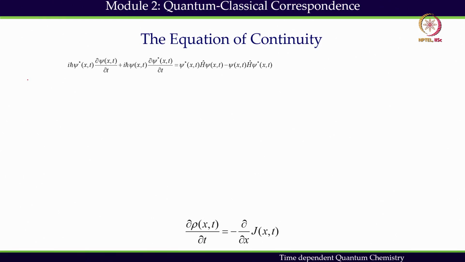So I have psi star dpsi/dt plus psi dpsi star/dt, the derivative with respect to time, is going to be 1 by i h cut times psi star H psi minus psi H psi star. I will plug in that Hamiltonian operator.